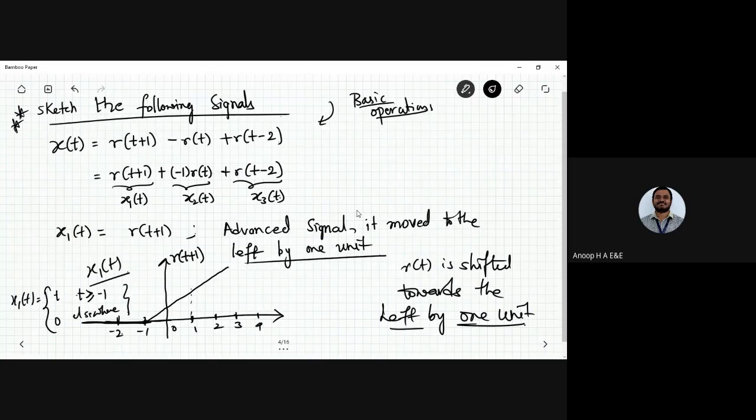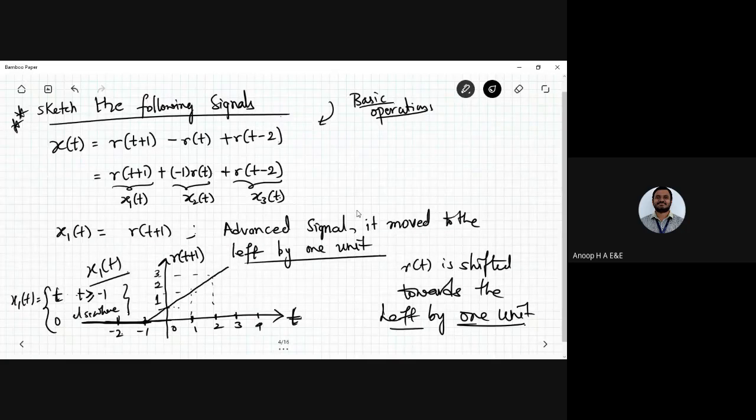As I proceed from minus 1 to 0, 0 to 1, 1 to 2, 2 to 3, and so on, you are going to get the magnitude equal to the t value. Once it crosses minus 1, you get its value there. So at 0 it is 1, at 1 it is 2, and at 2 it is 3.